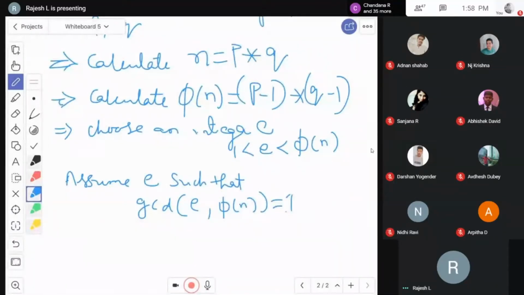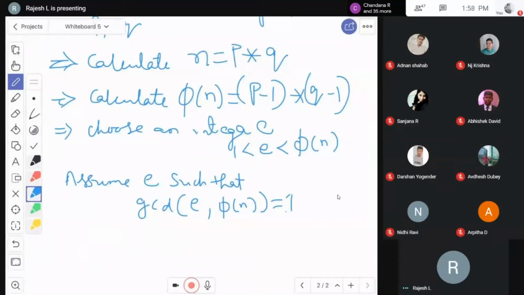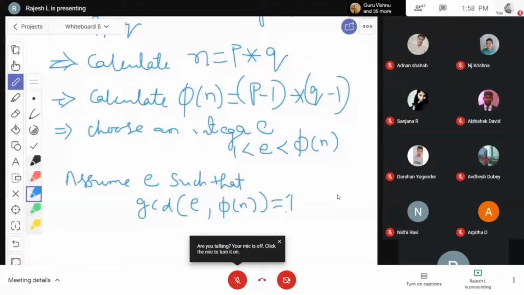Once you have assumed some encryption key such that the encryption key and the Euler-Totient function give a GCD of 1, the remainder of E with phi of n is 1.